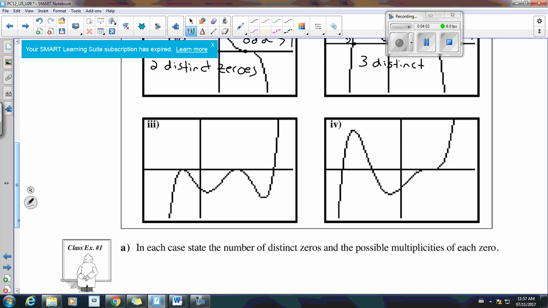Graph 3. Again, here we have 1, 2, 3 distinct zeros. These 2 are tangent, so they must be of even multiplicity. This one passes straight through, so this is multiplicity 1.